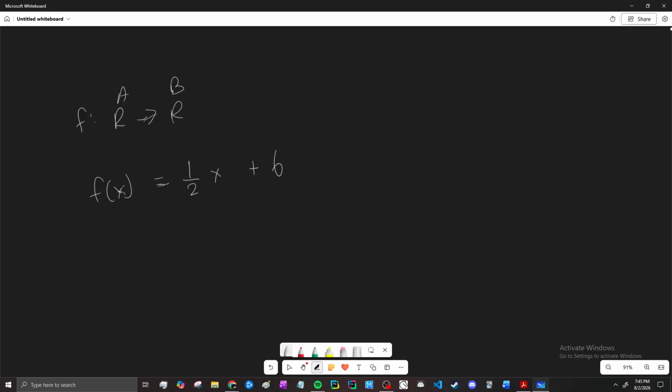Now we just need to find one case where it's not. So obviously, x can equal, let's say x equals 1, right? I guess the question is, how do we prove whether this is onto or not? So remember, 2x plus 6.